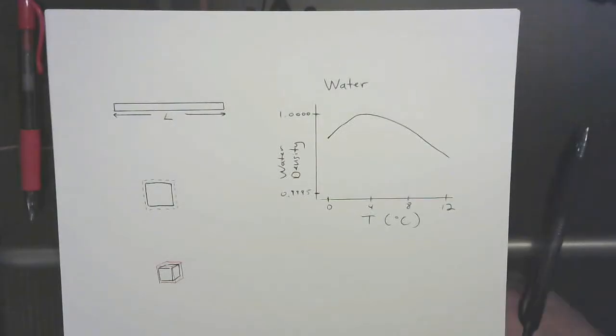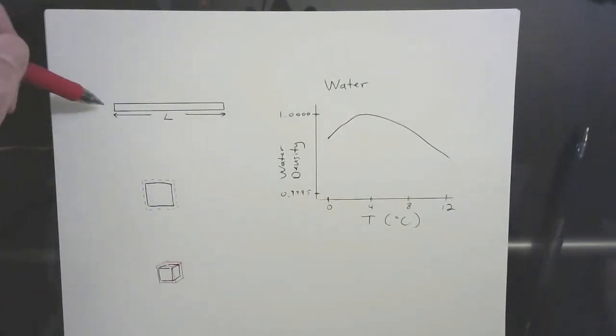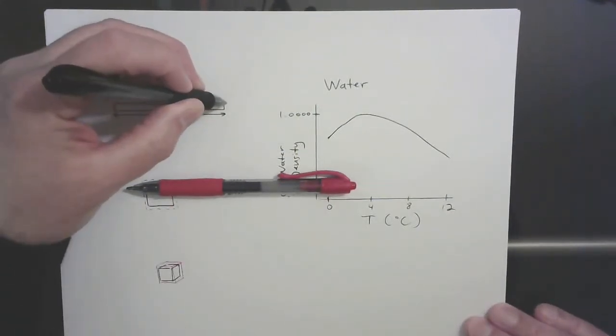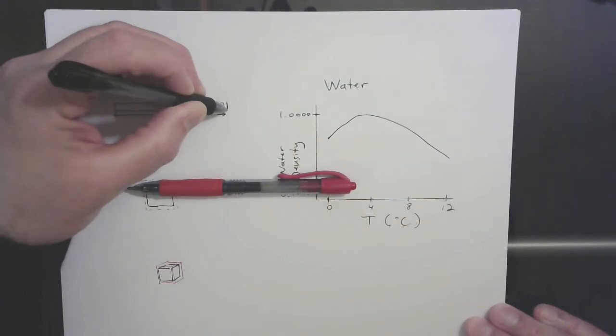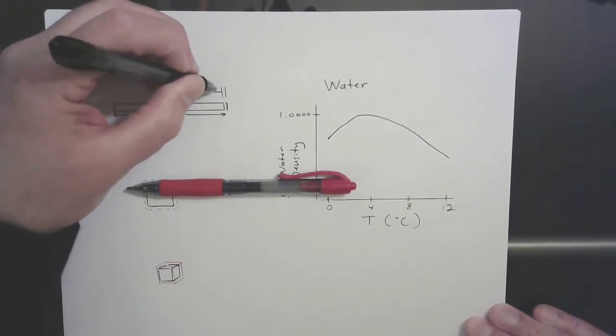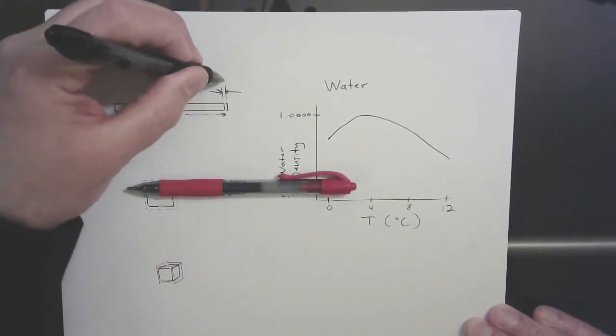So let's flip views here. So let's start in one dimension. Suppose you had a bar of steel or something, and then you heated it up a little bit. So here's my bar of steel. When you heat it up a little bit, it's going to grow just a little bit. So it's going to extend a little longer, and so that length, as the temperature heats up, it's gonna grow.